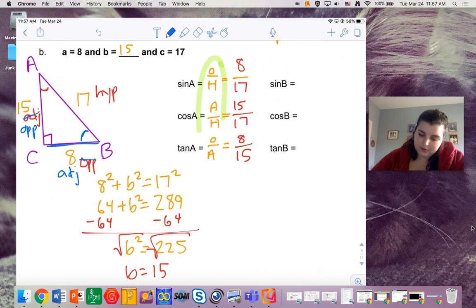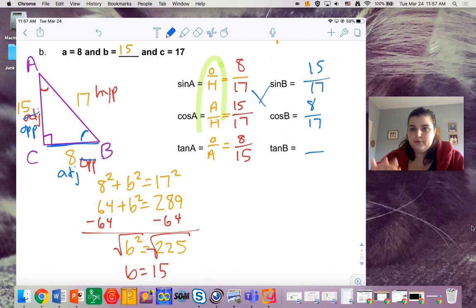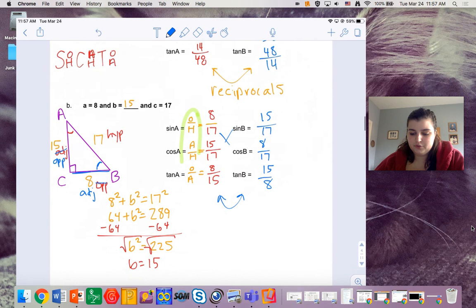Okay, so going forward, 15 17ths, 8 17ths. I'm also just kind of looking at this, they're the same business, and these are reciprocals. I can confirm it by looking at my triangle. Bam, got all these trig ratios figured out.